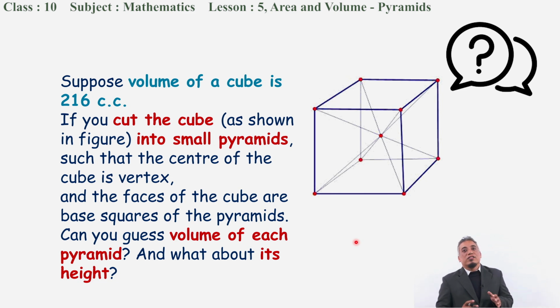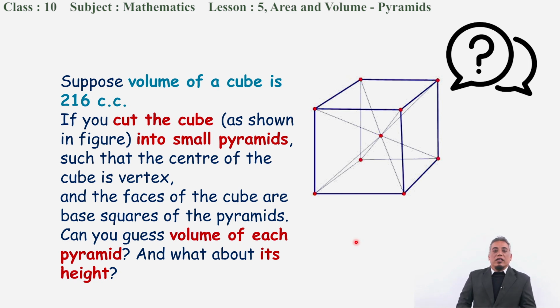There are 6 pyramids. Because there are 6 faces in the cube, there will be 6 pyramids. And are they all equal or not? Will they be equal in volume or not? Yes, they'll be equal in volume.